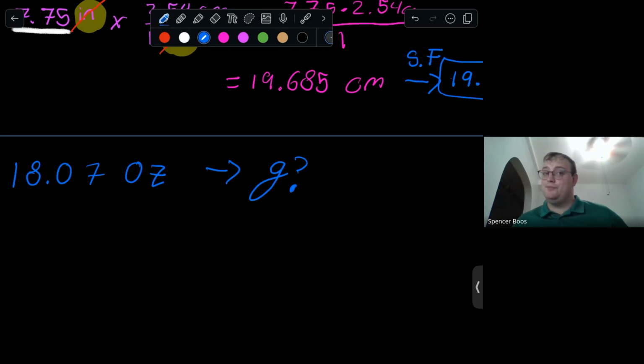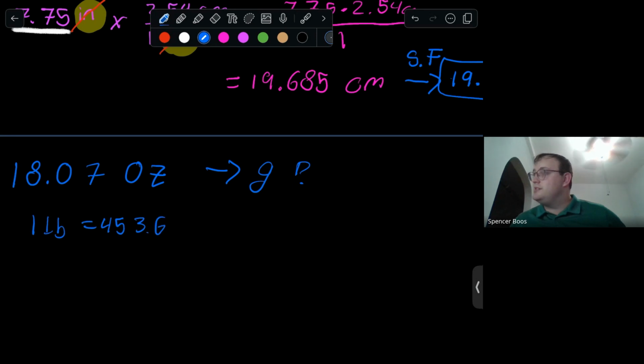It's a great question. Your conversion factors for this are, for every 1 pound, oh, sorry, I don't want to find grams, I want to find pounds. Apologies. Oh, no, I want to find grams. For every 1 pound, it is 453.6 grams. And for every 1 pound, it is equal to 16 ounces.